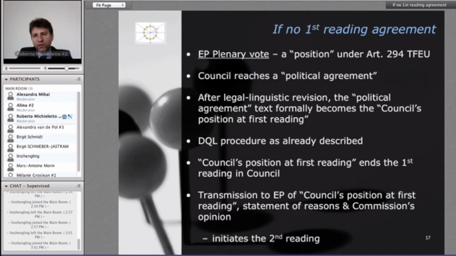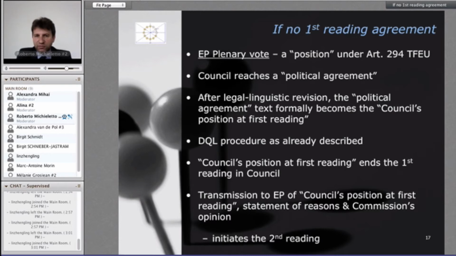What do we have if there is no first reading agreement, so if Parliament votes its position and we go to the second stage? The Council reaches a political agreement, so they don't take a formal position but a political agreement, and this political agreement is actually their position. But they have to check this text with the lawyer linguists.